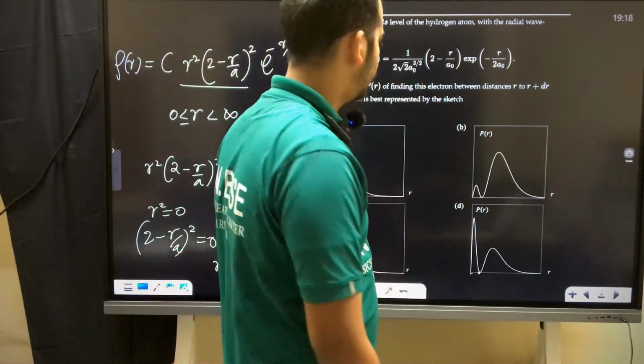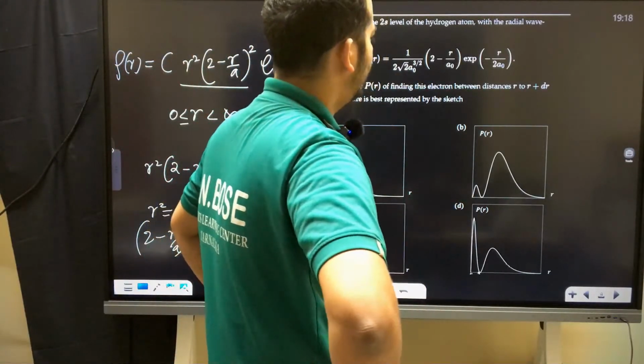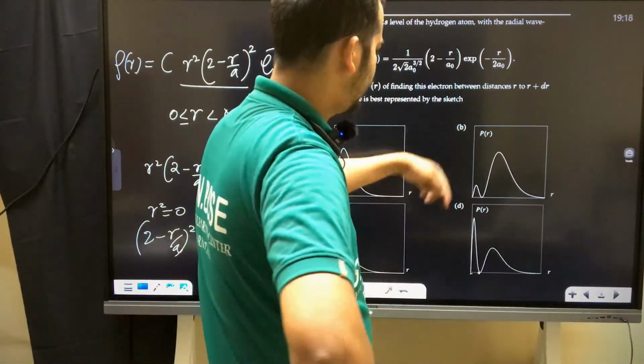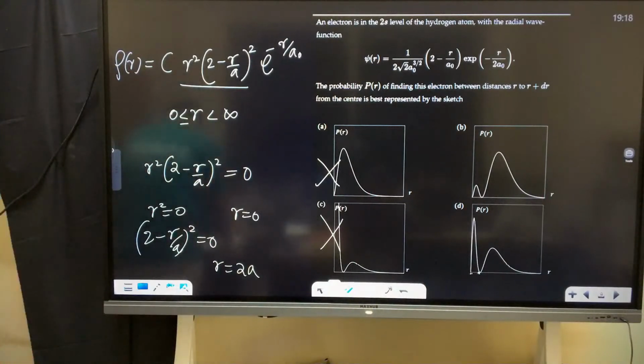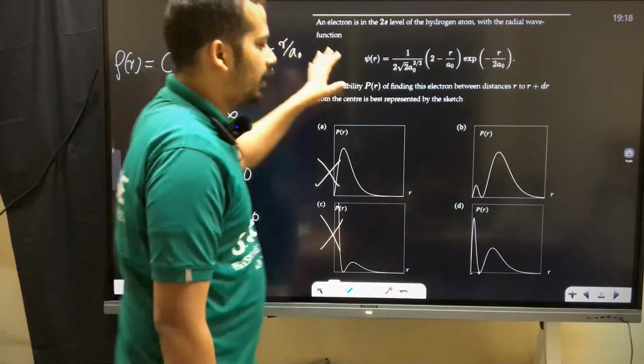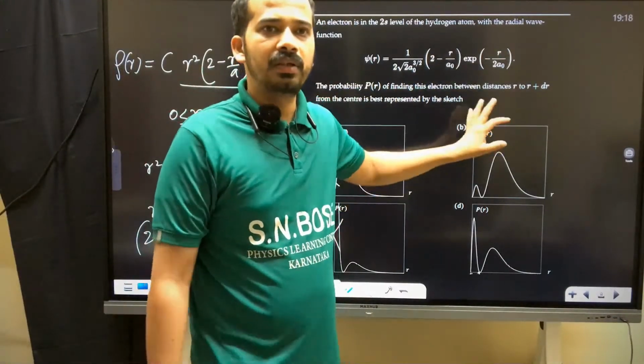Radial probability distribution. Is there any way to eliminate among these two? Anyone? Can you compare between exponential and polynomial? If you plot the polynomial and the exponential together, you can judge something.